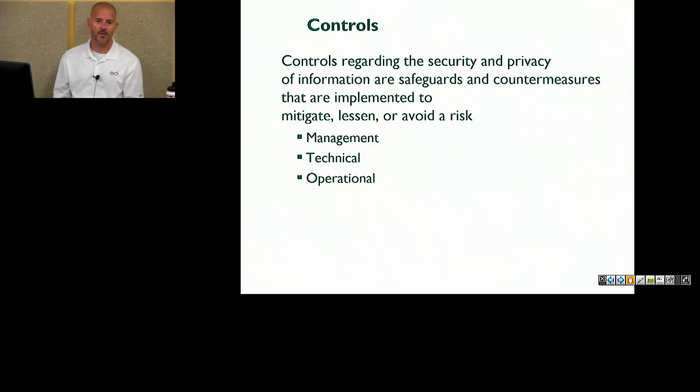So if you see a question in your final exam and it talks about management or operational, it is deriving from NIST. I won't correlate or cross-reference management to an ISO definition. If it has management or operational controls, I am specifically talking about NIST. Good? Okay.